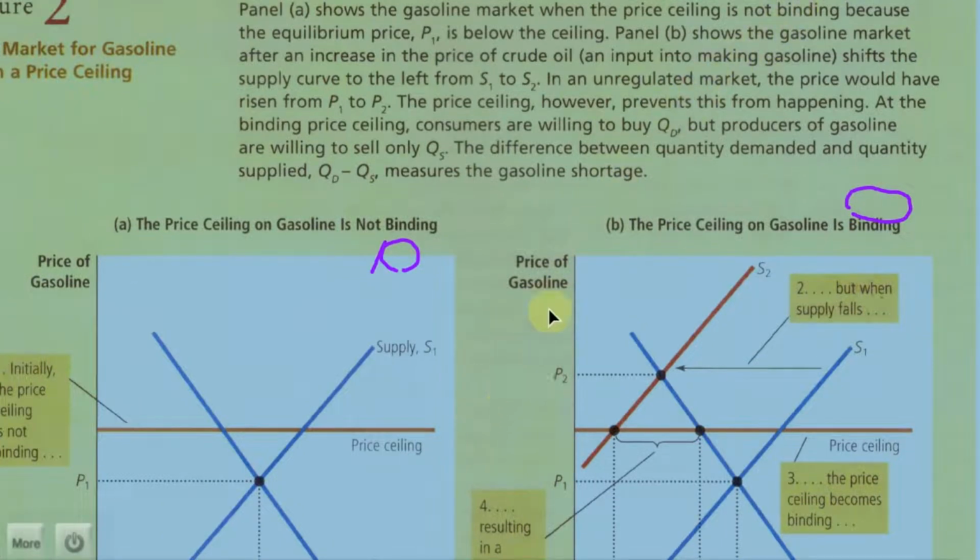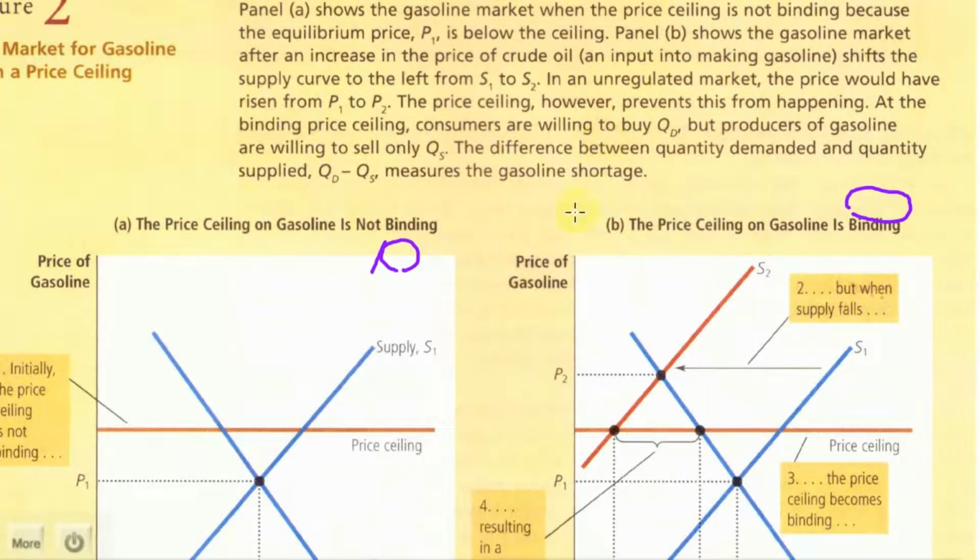Likewise, like the former case study of the ice cream cone, we have a similar picture here. Now, see that. This is panel A. It shows the gasoline market when the price ceiling is not binding.